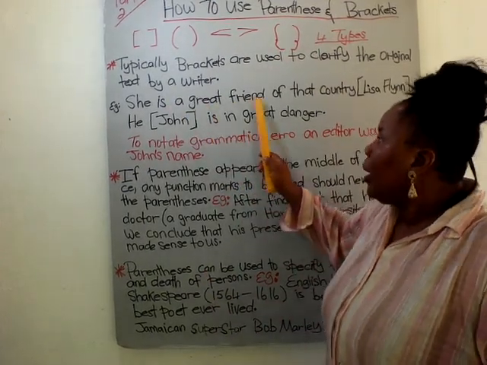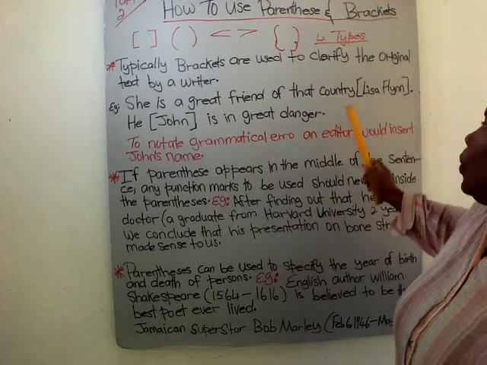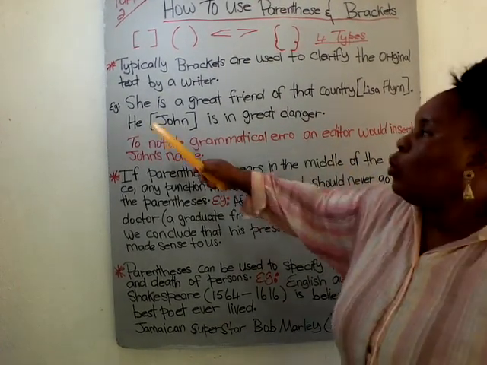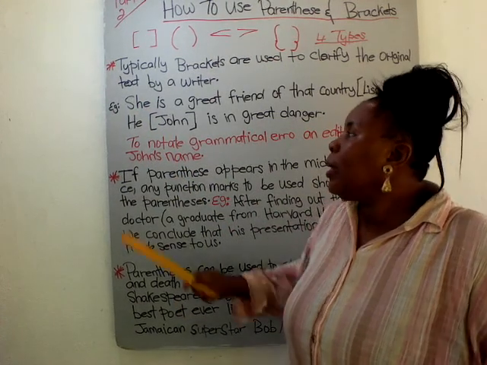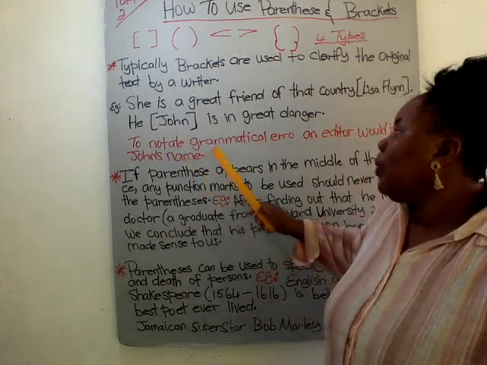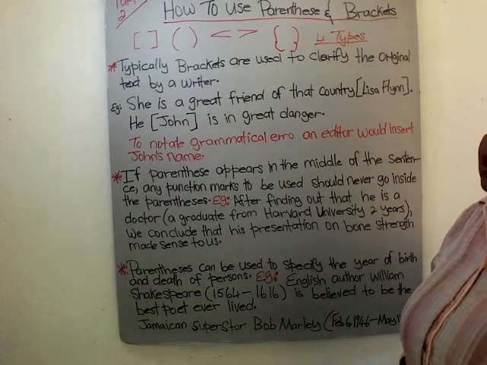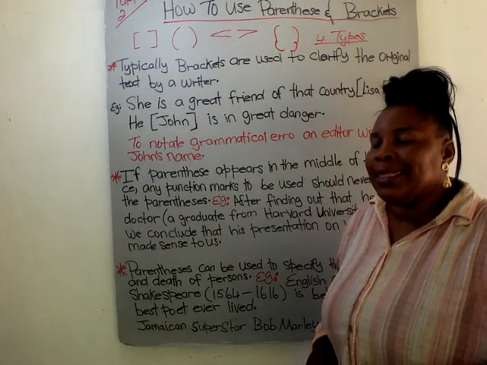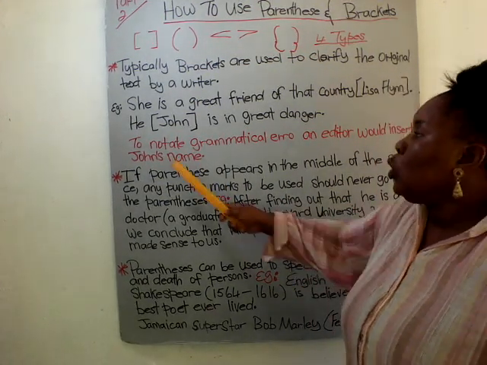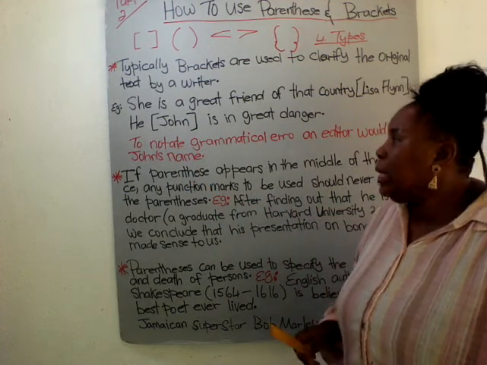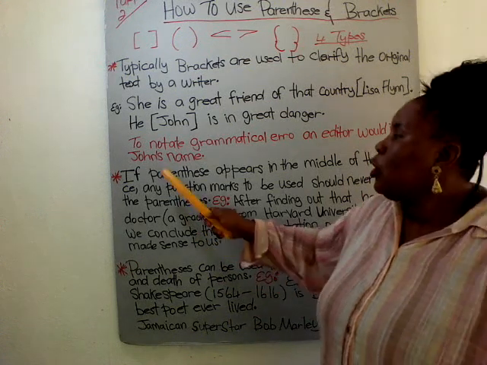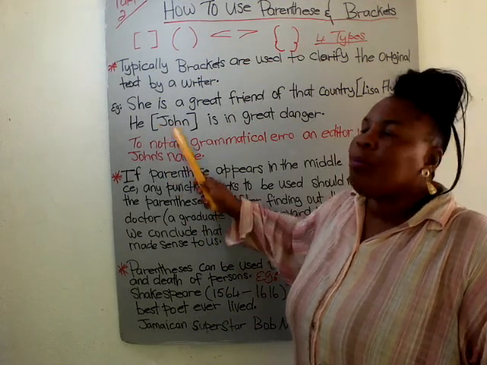She is a great friend of that country, and you put the name of the person, Lisa Flynn, because you wouldn't know who she is. He, John, is in great danger. John is in great danger. To notate grammatical error, an editor would insert John's name in the bracket.